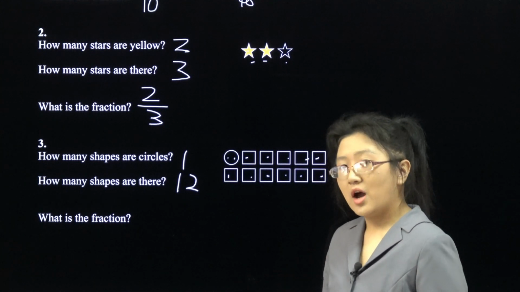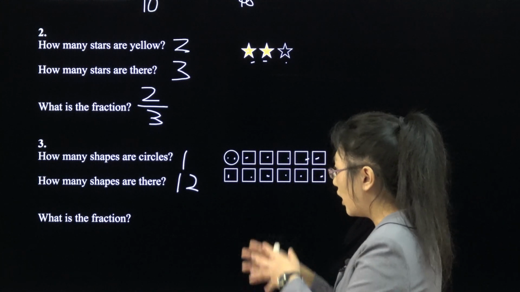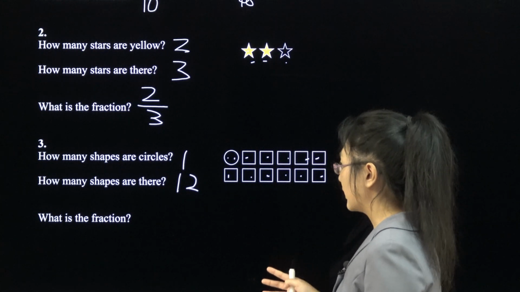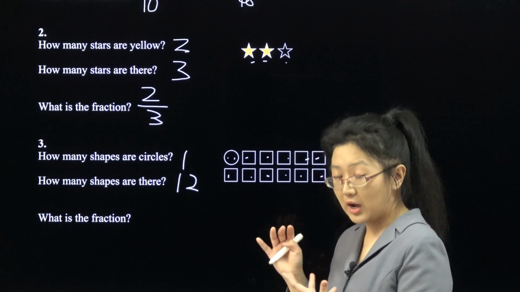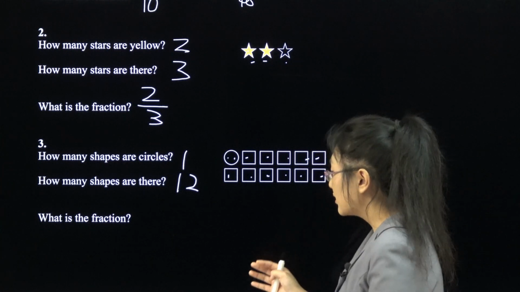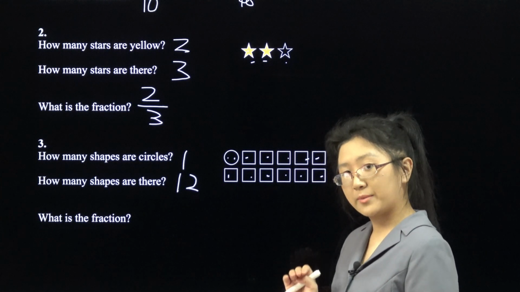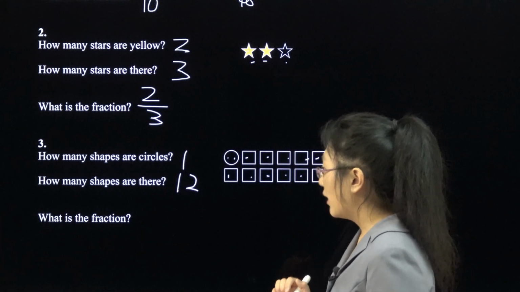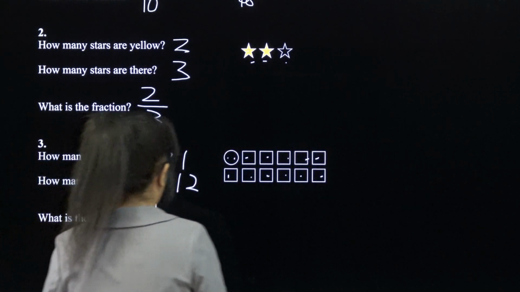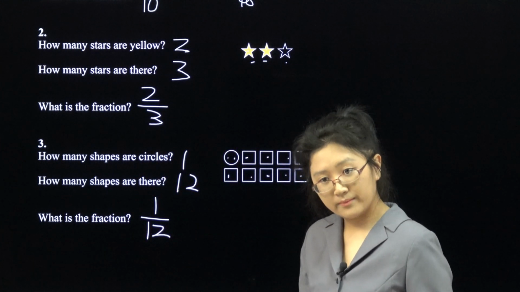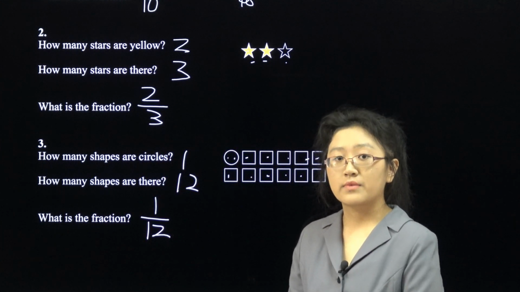So the fraction of circles to all of these shapes in total, with the number on top being circles and the total number of shapes being the number on the bottom, that would be 1 over 12 as a fraction, or 1/12 being the fraction.